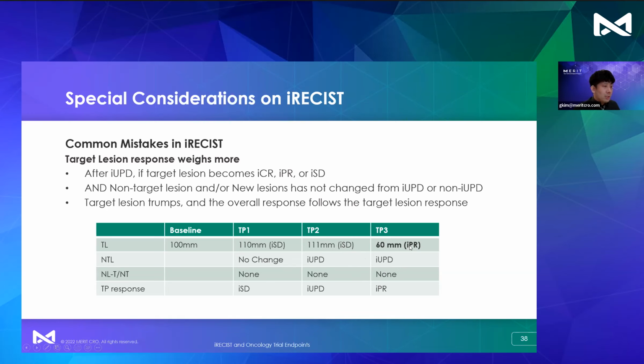In such cases, this would be an IPR in the time point response of time point 3, due to the target lesion being improved with the other two lesion categories not worsening in any way, meaning the ICPD has not been caused by either of them.